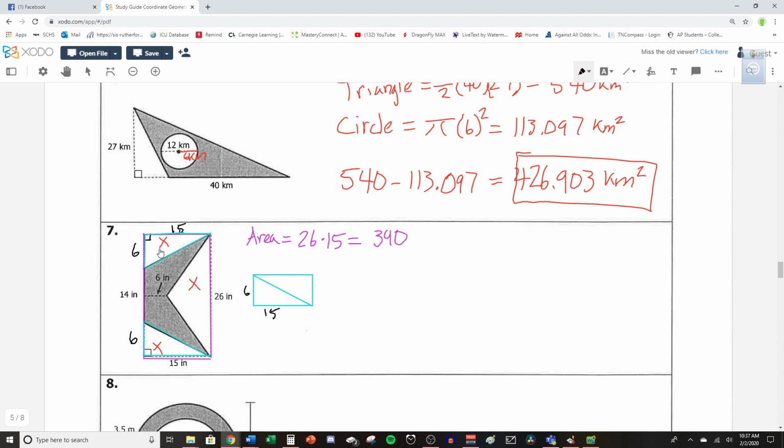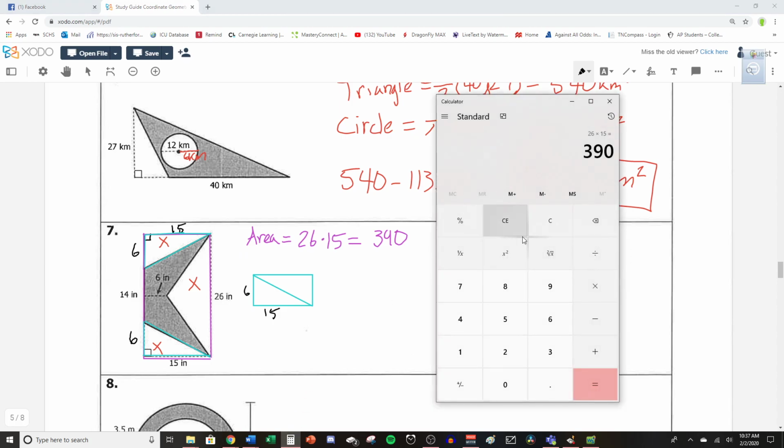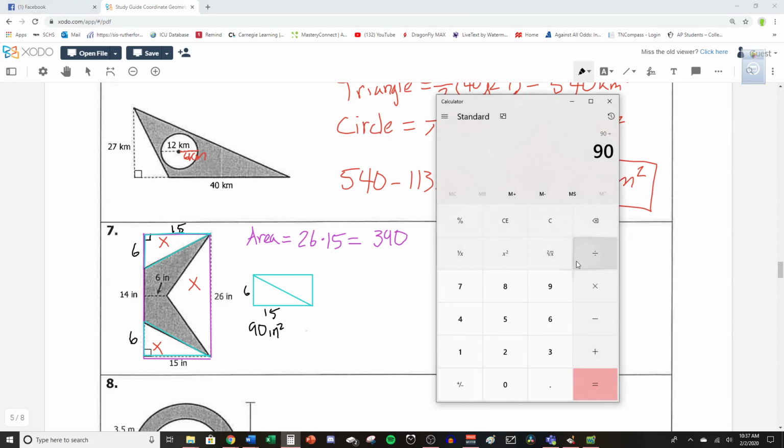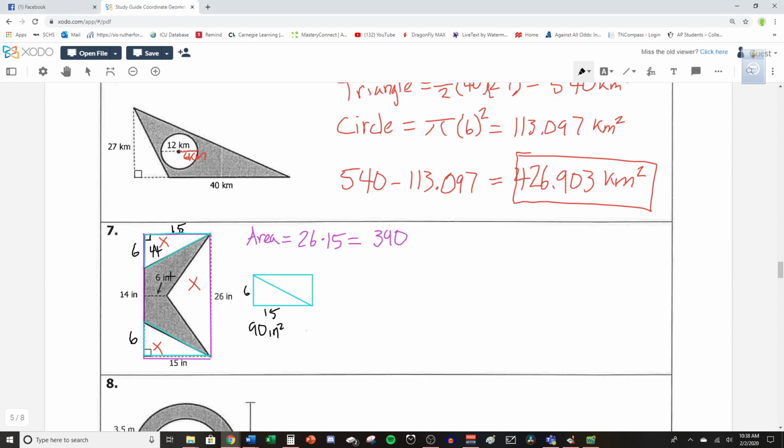So I know the combined area for these is going to be 6 times 15. That's 90, so the area of that shape is 90 inches squared. Dividing that in half, which would be each one of these, divided by 2, gives us 45. So I know that this is 45 and 45 and 45. We're going to take those away from this 390.